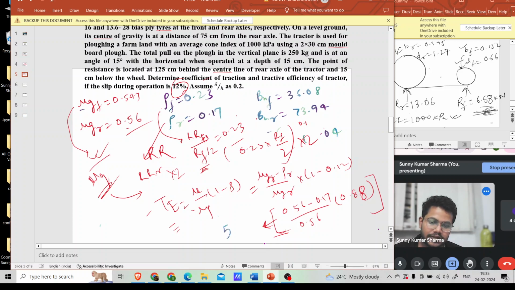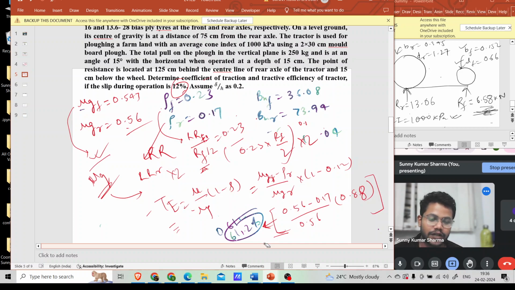What is the tractive efficiency? 0.612, sir. 0.612 means 61.2% is the tractive efficiency of this tractor.